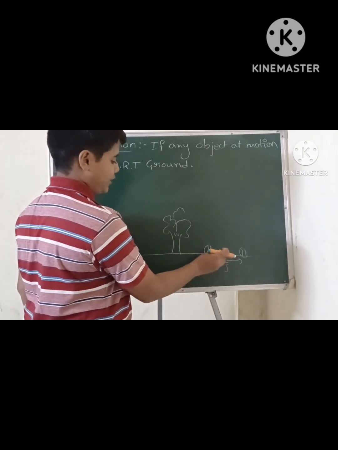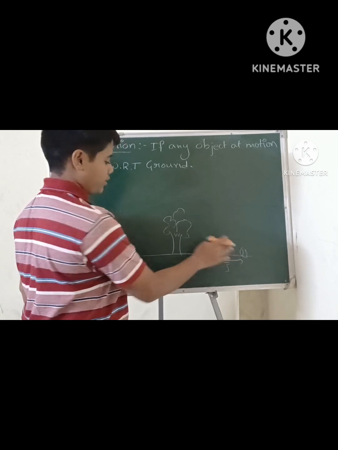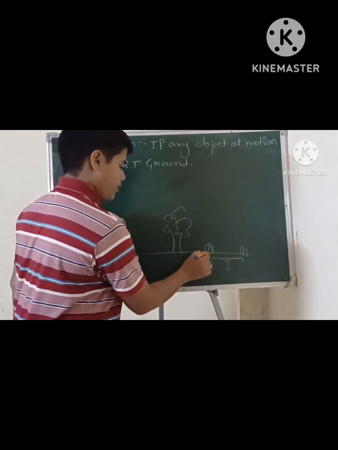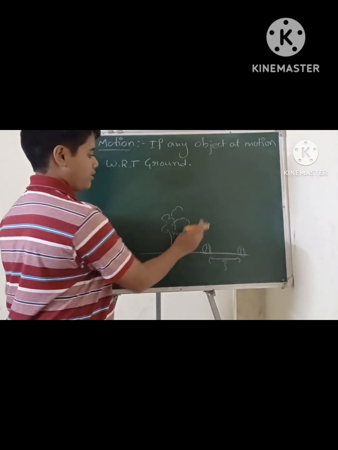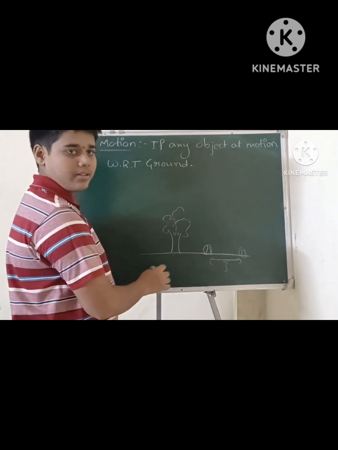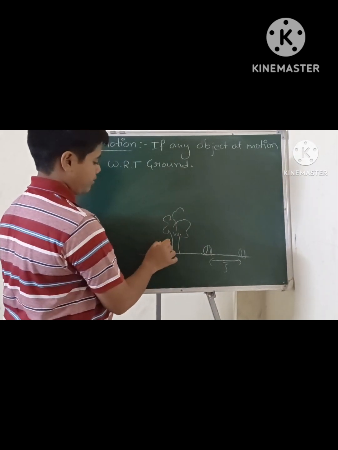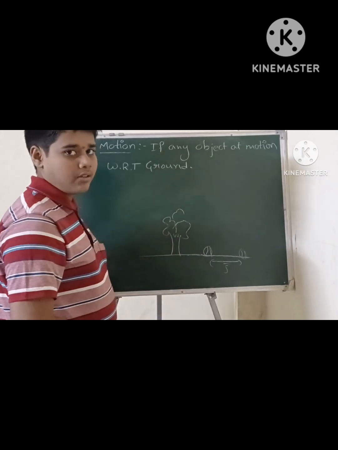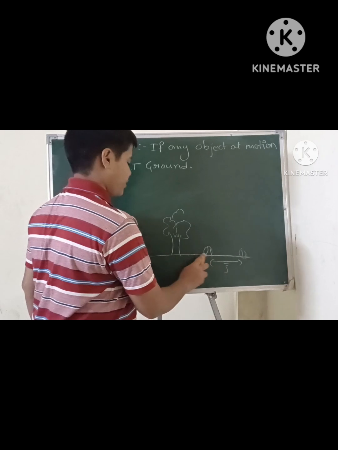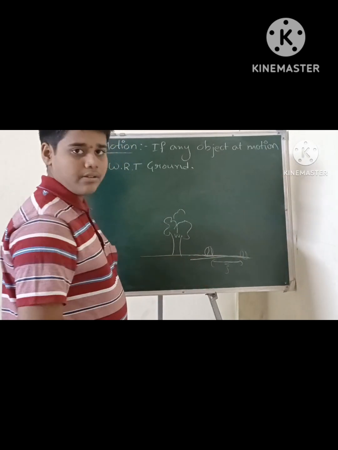Here motion is said to be with respect to ground only, because the distance is measured on the ground, not with respect to surroundings like the tree or any soil like that. Only with respect to ground.